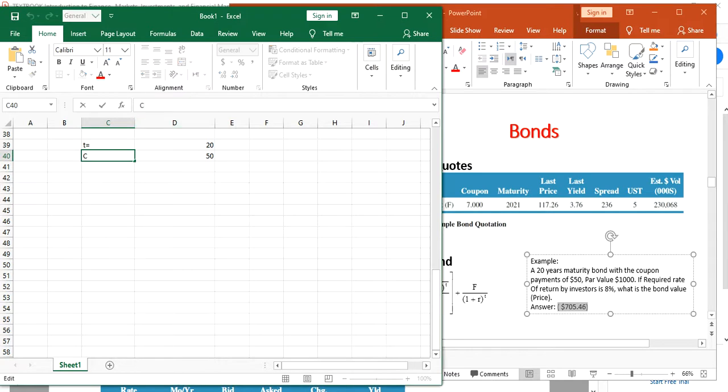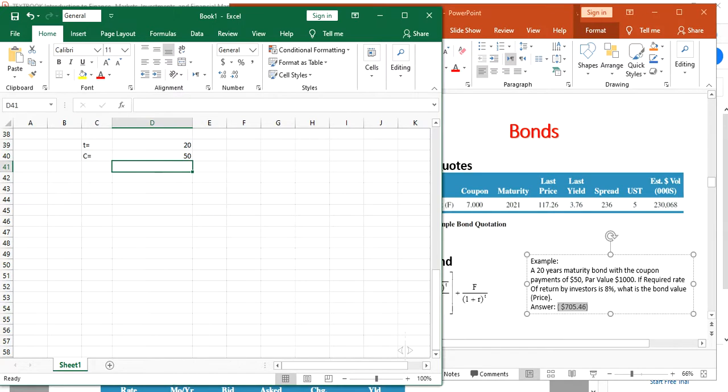So what about the coupon rate? It equals $50 divided by 1,000, which will be 5%. So I may not give you the coupon payment. I may give you a coupon rate of 5%, so you will find $50 over here.